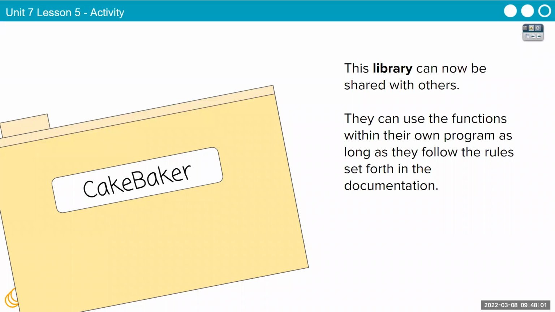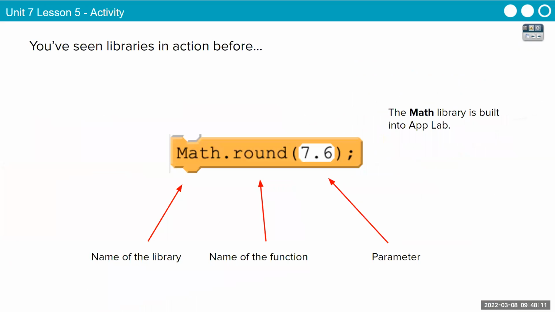This is not the same as in function naming guidelines or variable naming guidelines, where we start with a lowercase letter. And you'll see how it shows up in AppLab, how it pre-makes them. When you're calling it, it's the name of the library, which will start with a capital letter, dot the name of the function from that library, and then in parentheses, whatever parameter it's expecting.